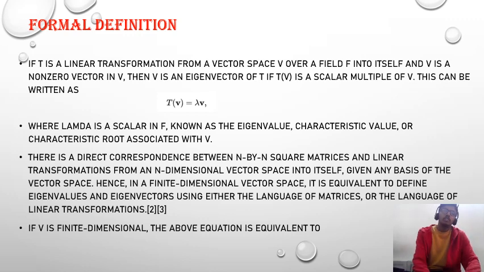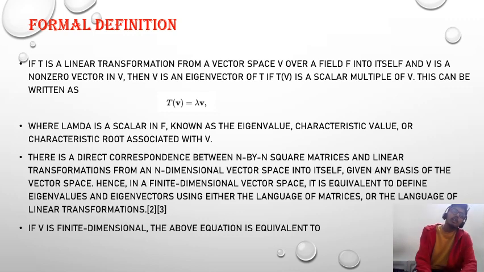Formal definition. If T is a linear transformation from a vector space V over a field F into itself, and v is a non-zero vector in V, then v is an eigenvector of T if T of v is a scalar multiple of v.